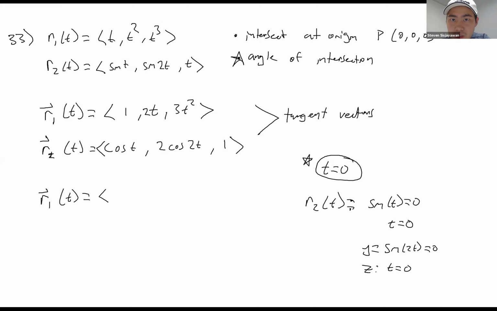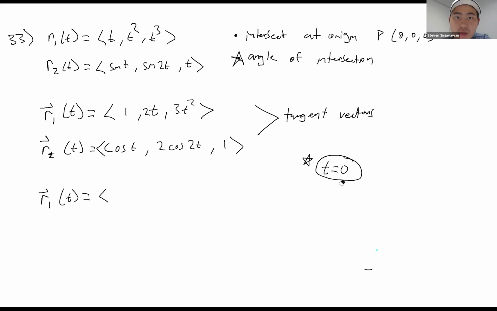What I can do with this time is find the tangent vector for both R1 and R2 at time equals 0. For R1, my tangent vector is going to be 1, 0, 0, and for R2, my tangent vector is going to be 1, 2, 1.